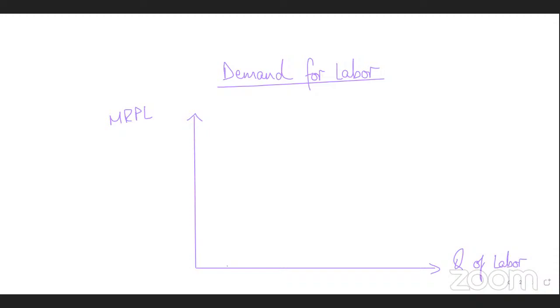Diminishing marginal product of labor says that each additional unit of labor will produce less output. Therefore, your labor demand curve will be downward sloping, because each additional unit of labor is producing fewer units of output.